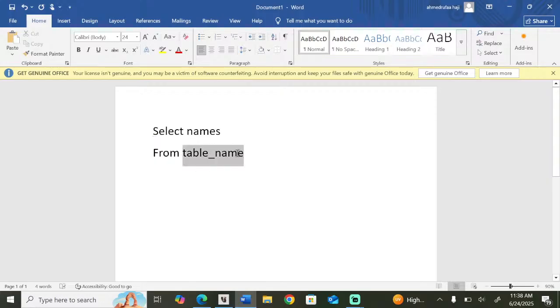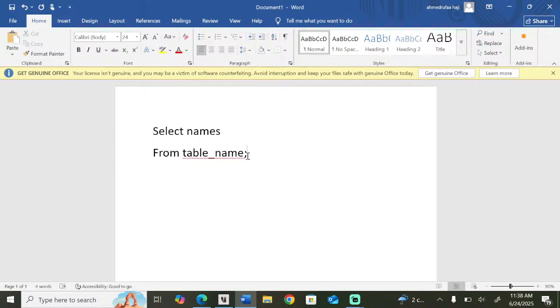That is the most simple query you will come across in life. Then you end with a semicolon. Once you run this, it will give you the names. Let's just do it practically and see it.